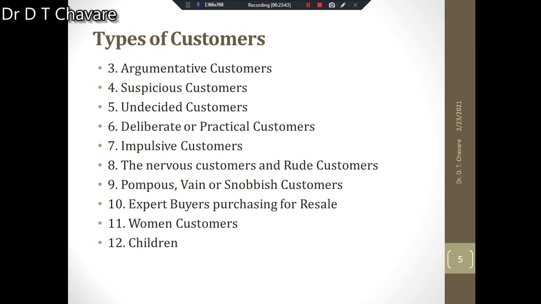Then another type of customer is also there, deliberate or practical customers. What is the next type? Deliberate or practical customers. They are selective and do not make purchasing decisions unless they find and get the exact product, exact brand, exact article which they are looking for.